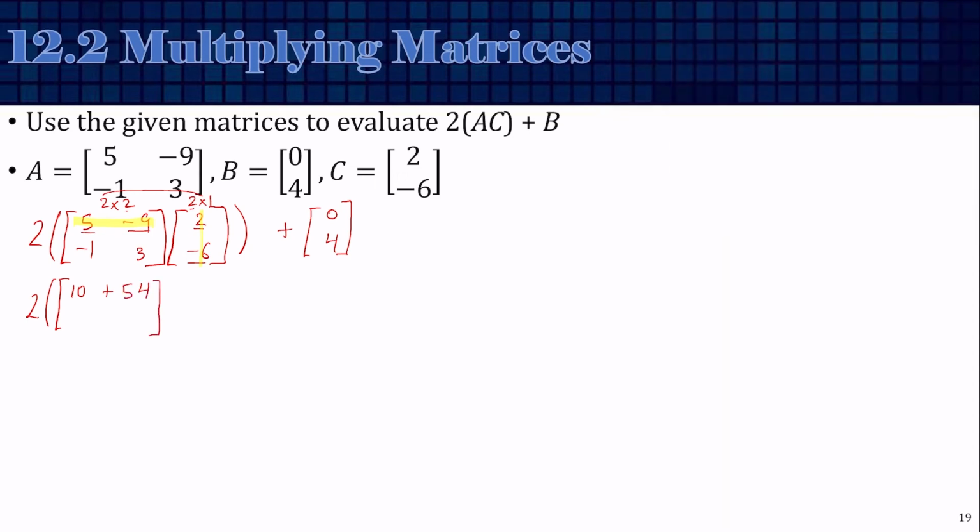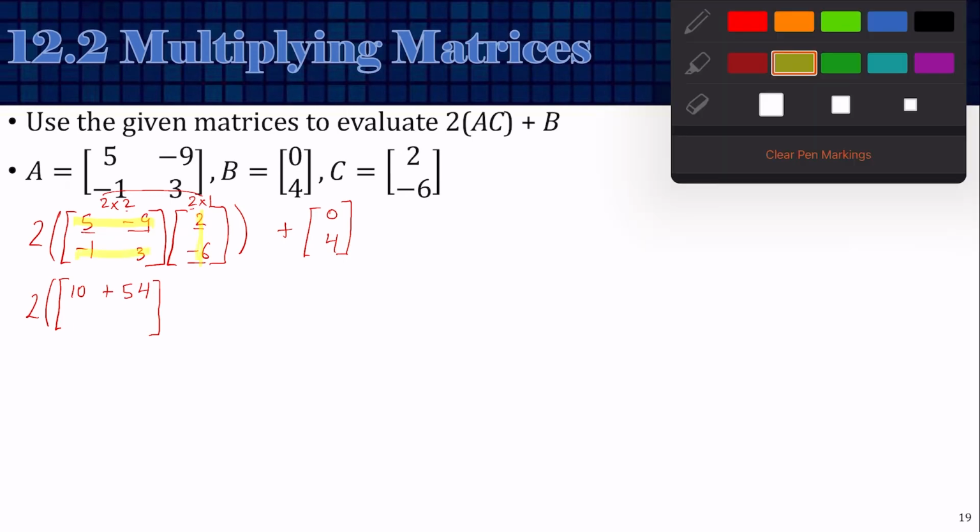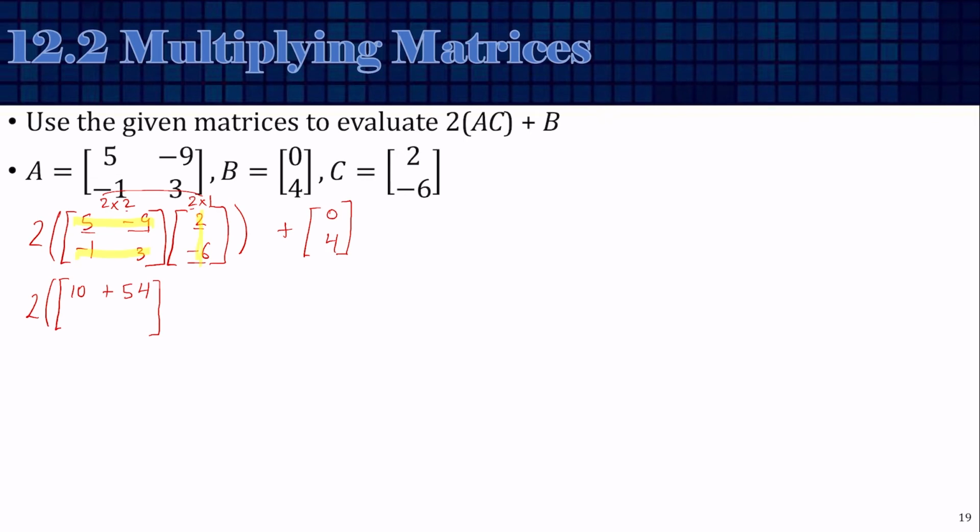And then we can go second row, first column, -1 times 2, and 3 times -6. Let's simplify. 10 and 54 is 64. -2 and -18 is -20.